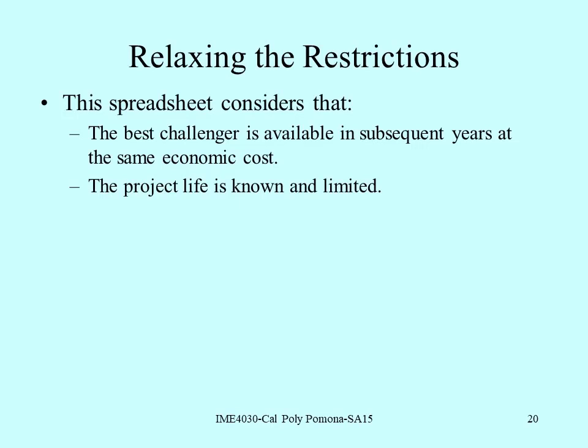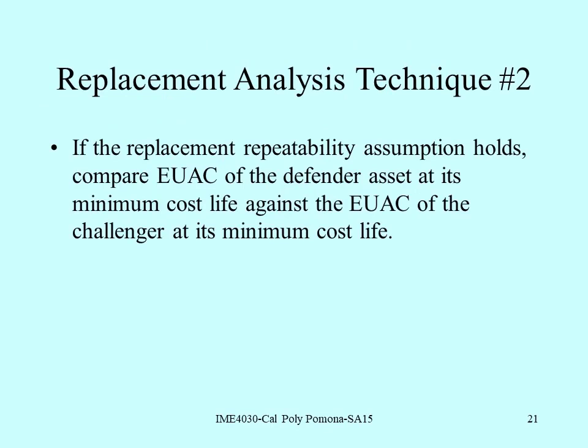But anyway, analysis technique number 1 is pretty, I think, clear, but the one we're going to use the most is technique number 2. So let's go to slide number 21. Here, if we assume repeatability, then we're going to compare the EUAC of the Defender at its minimum cost life against the EUAC of the Challenger at its minimum cost life.